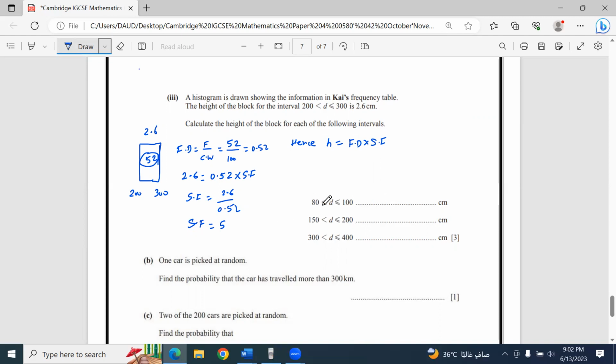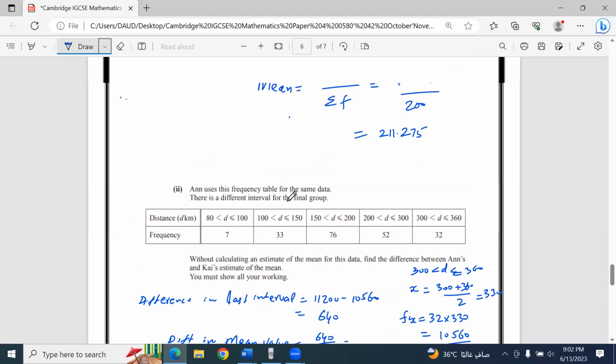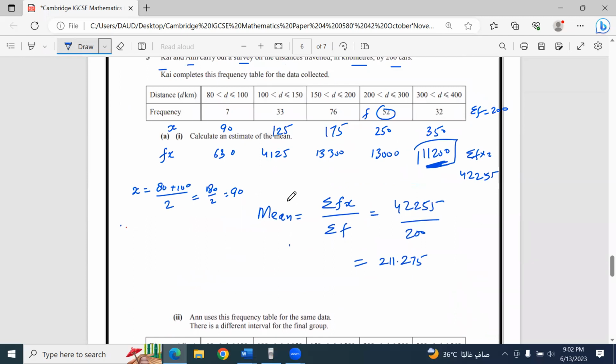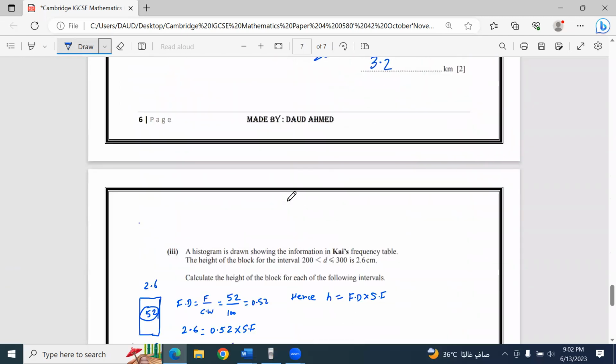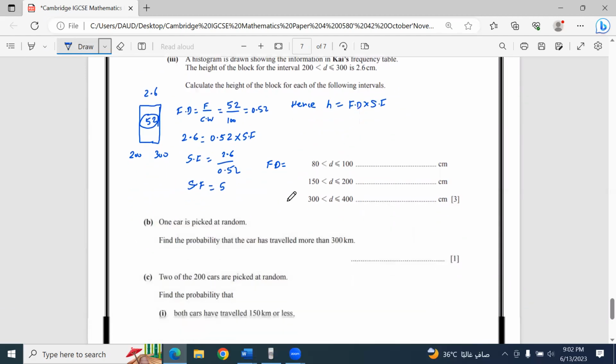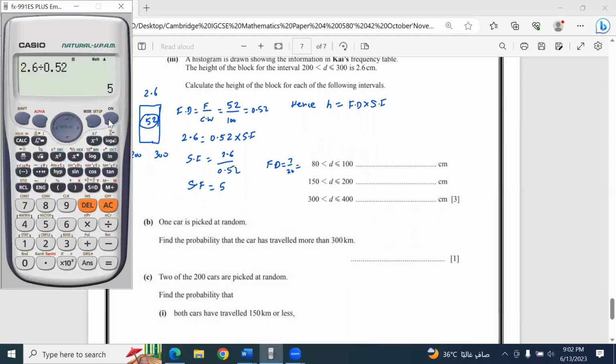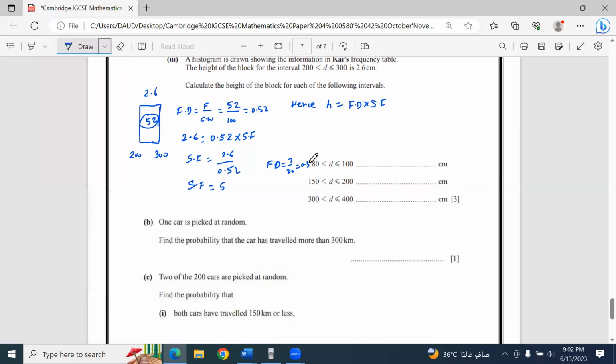So what is the frequency density? For 80 to 100, frequency density is equal to frequency over class width. So frequency from 80 to 100 is 7 over 20, which is equal to 0.35.